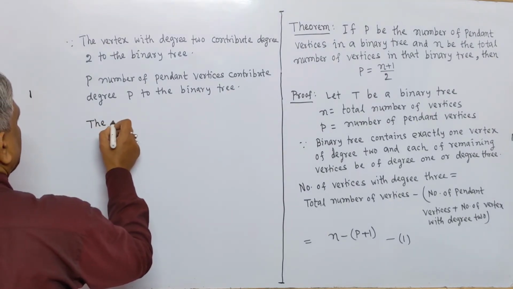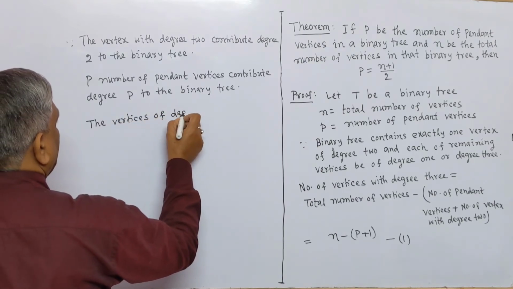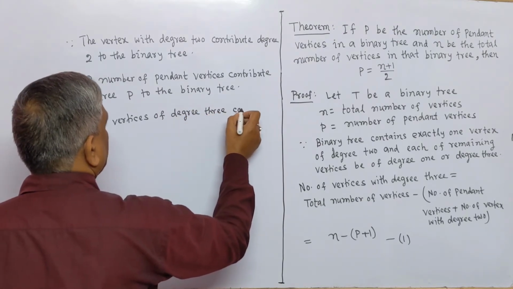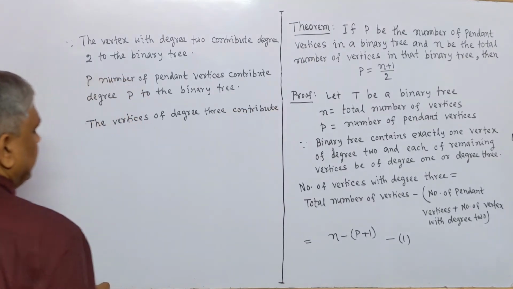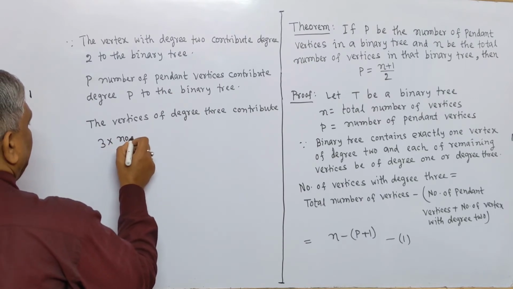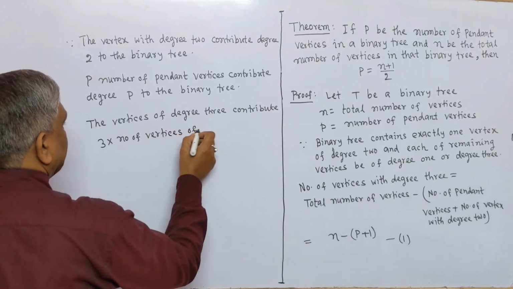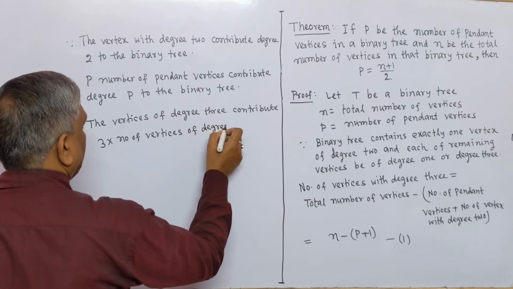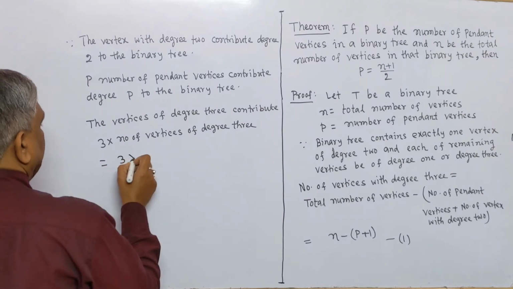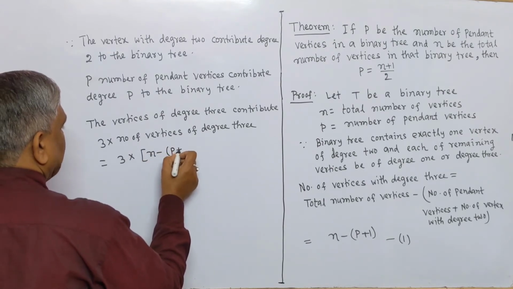The vertices of degree 3 contribute 3 multiplied by the number of vertices of degree 3, equal to 3 multiplied by n minus p plus 1. Here, this is the number of vertices with degree 3.